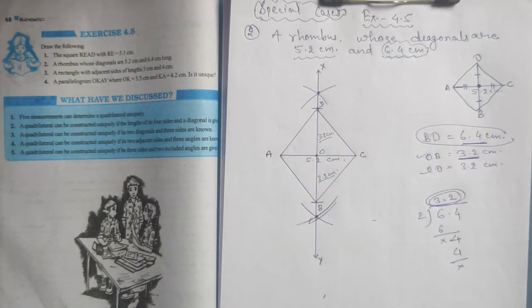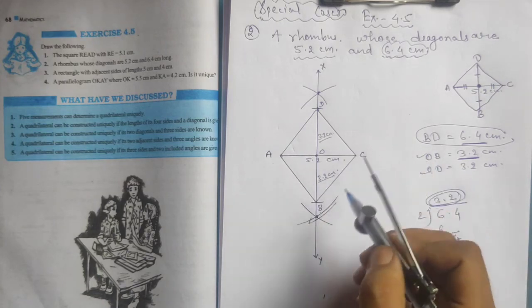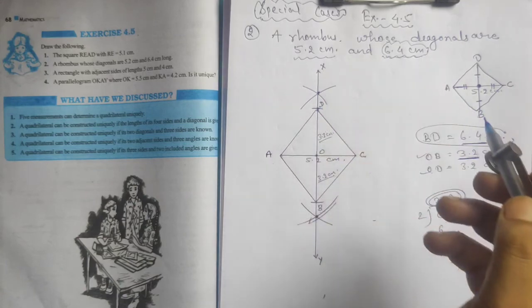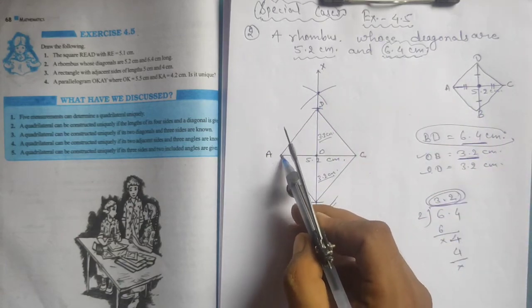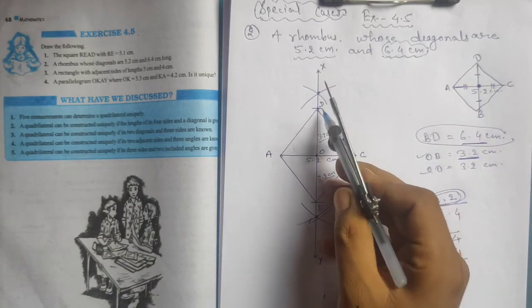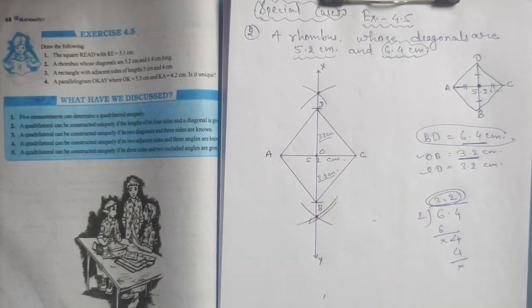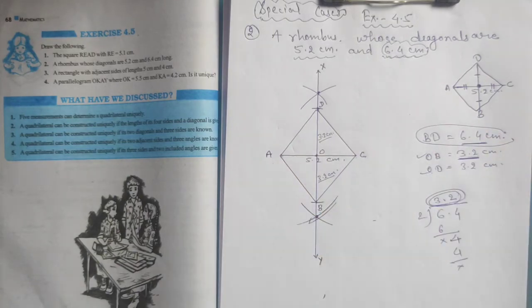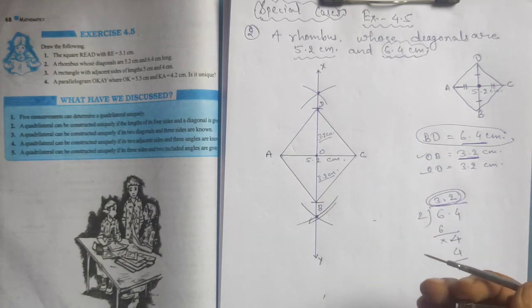We have to write that in our steps of construction. Then we found the points B and D, then join A to B, B to C, C to D, and last D to A. That much is the required construction and the steps we have followed.